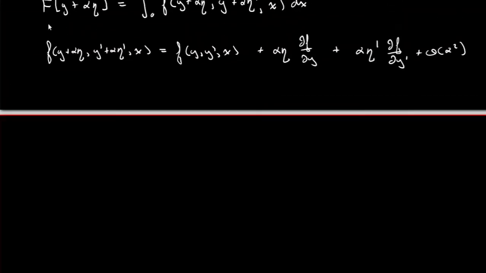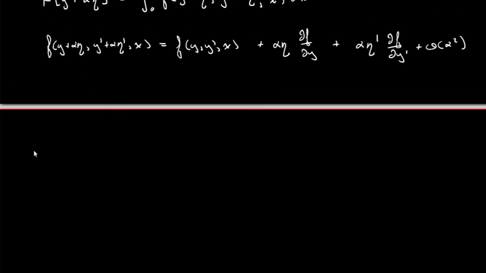Now we are just going to investigate our functional. So looking at this, we just stick that under an integral sign to compute our functional of y plus alpha eta.